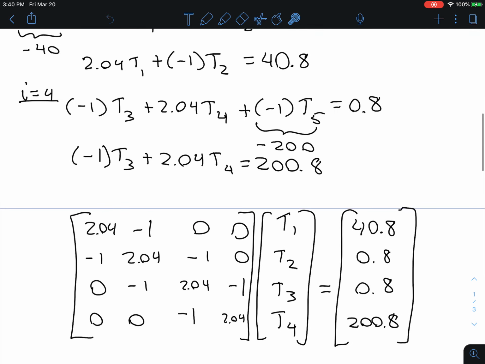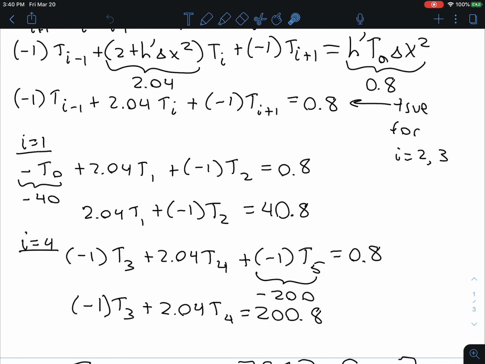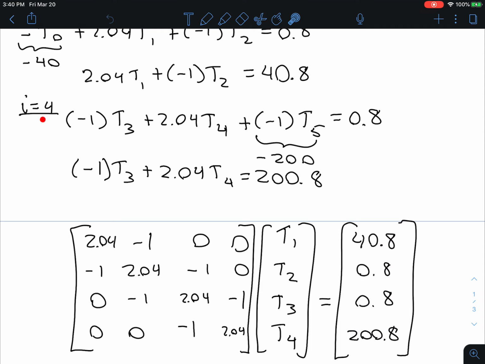And some people find it confusing, or at least tedious, to have to deal with the special cases at the boundaries. For example, when we evaluated at i equals 1, we had to realize that T0 is a known quantity and move that value, in this case 40, to the other side.